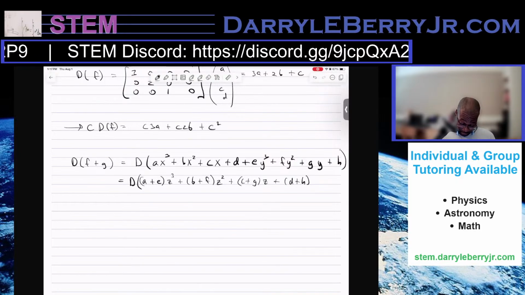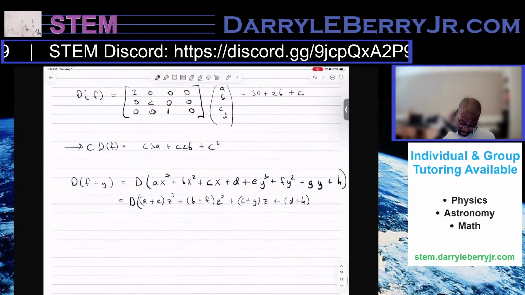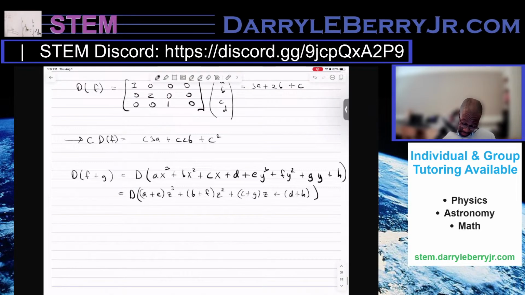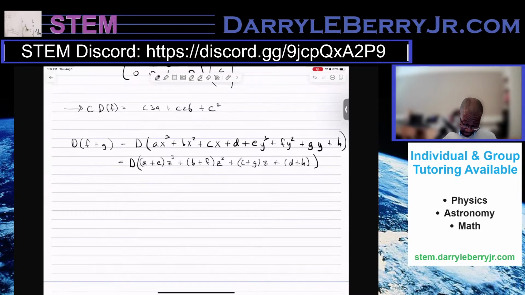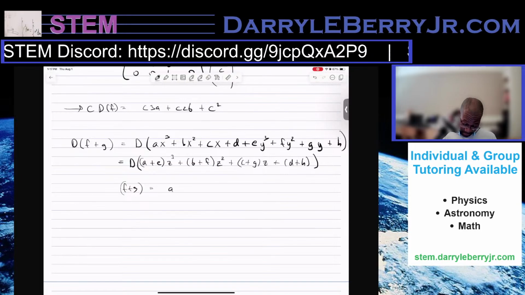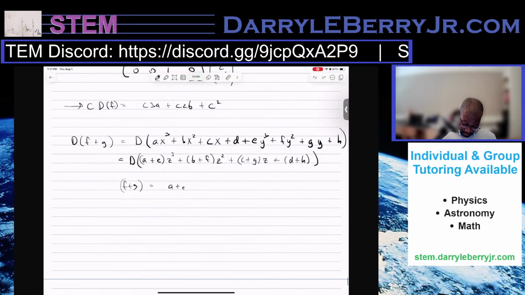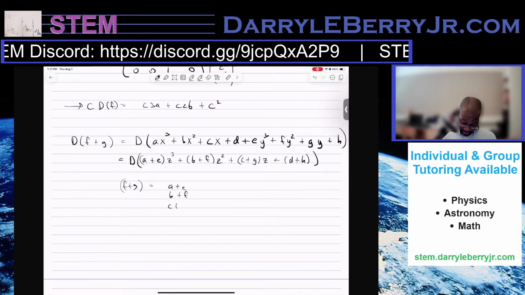I remember in the actual proof to make them both x squared. So now we can put this in matrix form. We can say f plus g equals a plus e, b plus f, c plus g.